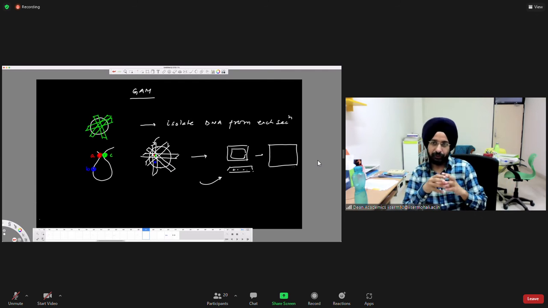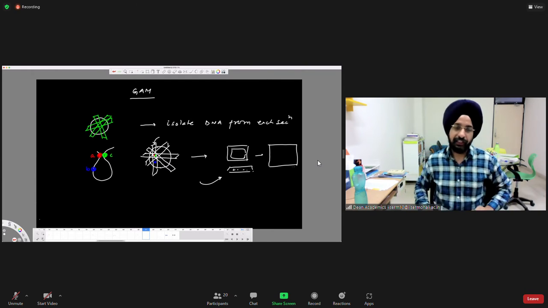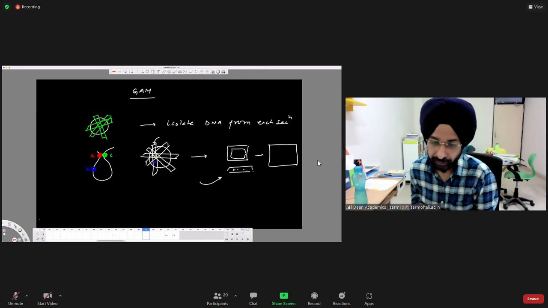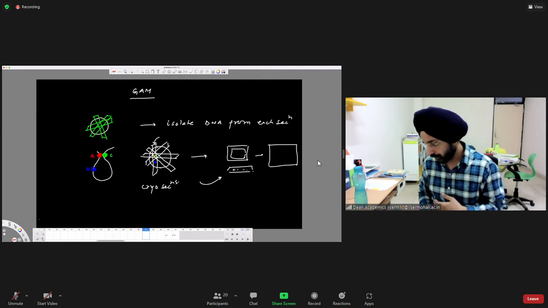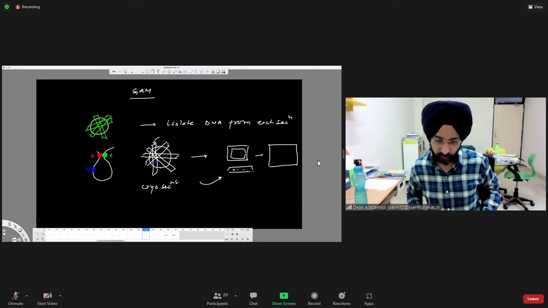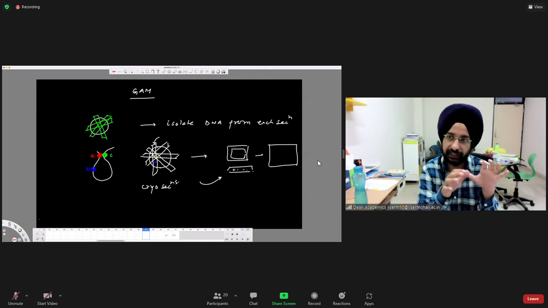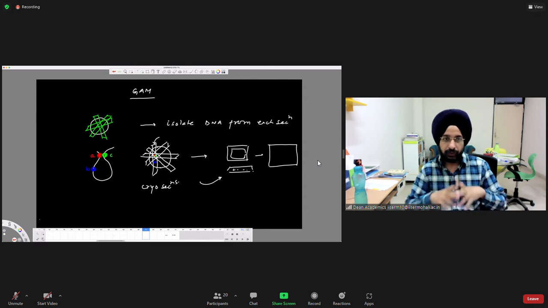It's because of the limitation of how many sections you can make. These are all cryosections. The data is a little sparse.